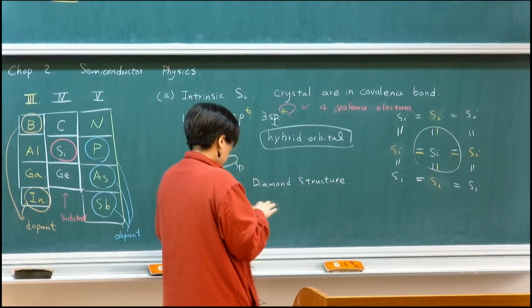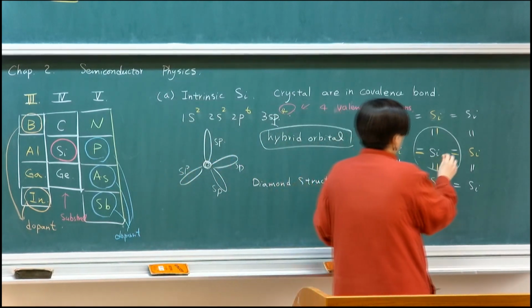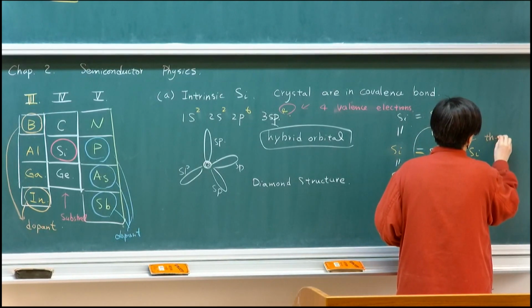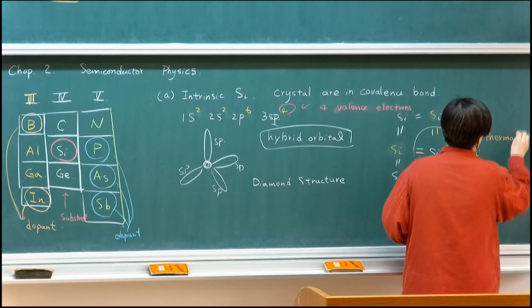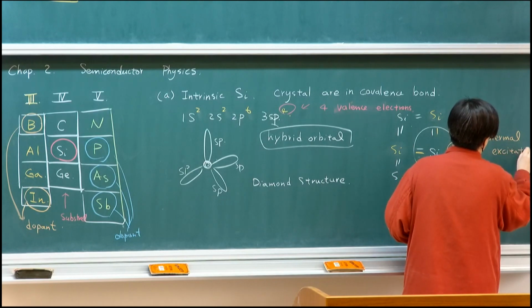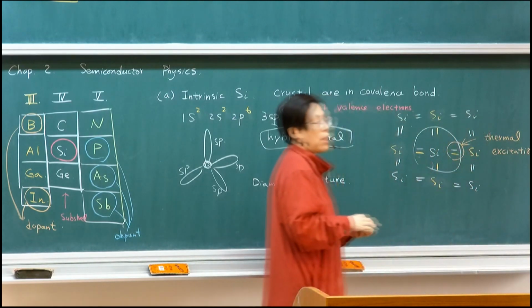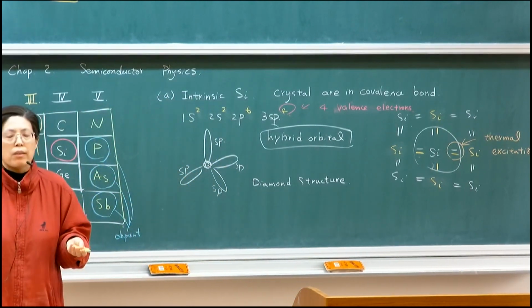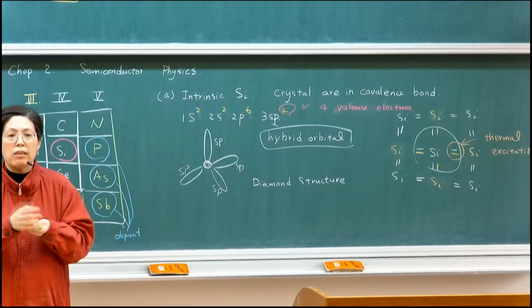But even though these bonds are stable, if they're subject to thermal excitation, if I raise my temperature, let's say I start my crystal at 0 K, then there's no energy flowing around in the system.